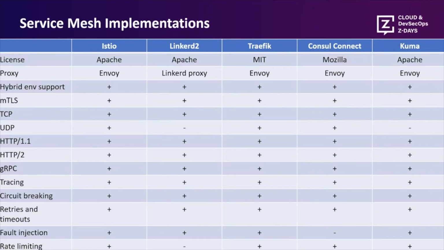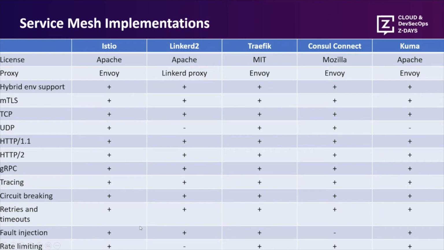Let's look at available service mesh implementations. The most popular and most mature service mesh implementations are Istio, Linkerd, and Traefik. These three started earlier, and they have been around for more than 2 years each, kind of matured projects with great features.